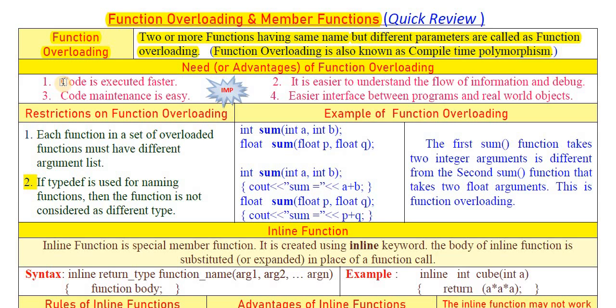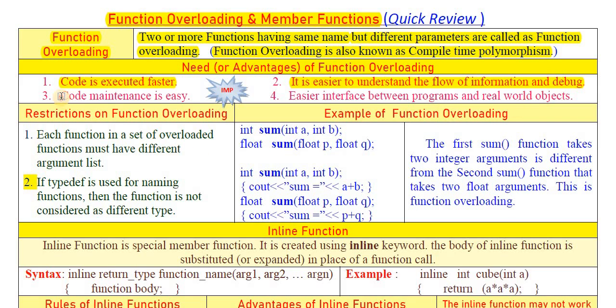Here advantages are, code is executed faster. Means by using function overloading we can execute the program code with faster speed. Next, it is easy to understand the flow of information and debug. Hence using function overloading we can easily remove the errors and easily understand the program working.